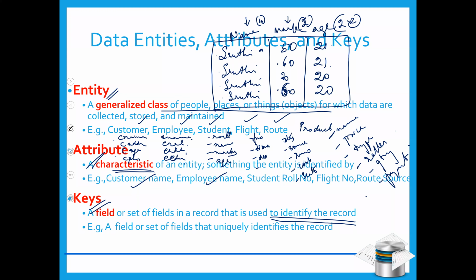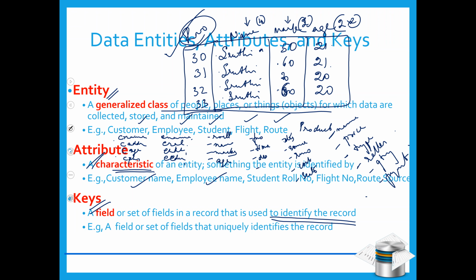That is why we do have something called roll number. Roll number will never be same for these people. This will be 30, this will be 31, this will be 32, this will be 33. Okay, roll number, I can say, it will help you in identifying a particular record uniquely.